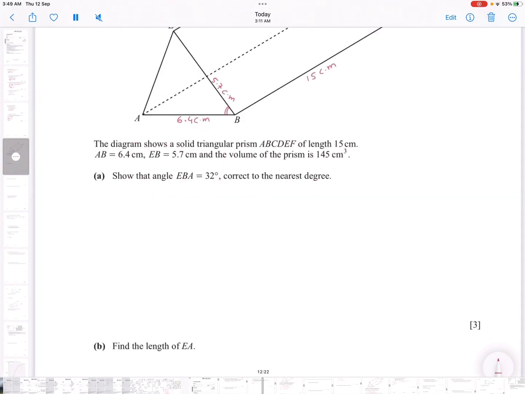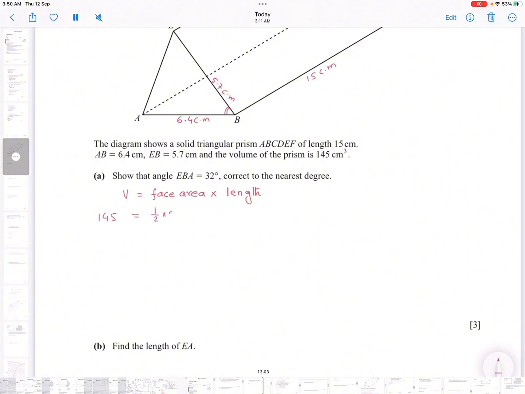So write down the volume formula. Volume equals face area into length, and the area of the face, how can we calculate it? In volume we have to write 145, and face area is, actually we can consider it as an included angle triangle. So for included angle triangle, we calculate the area 1/2 into side into sine of theta, and into length is 15.